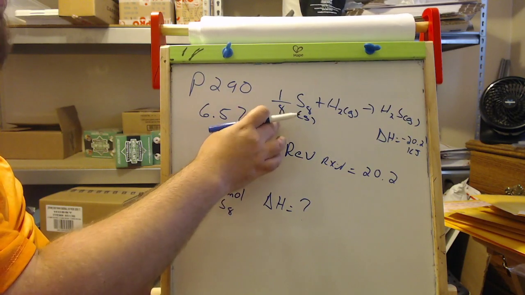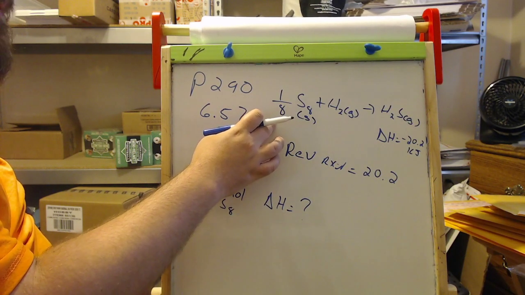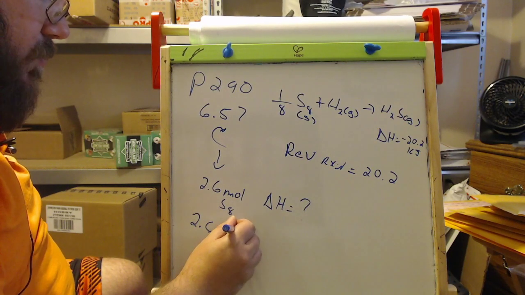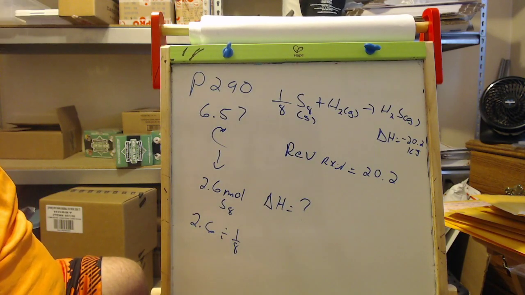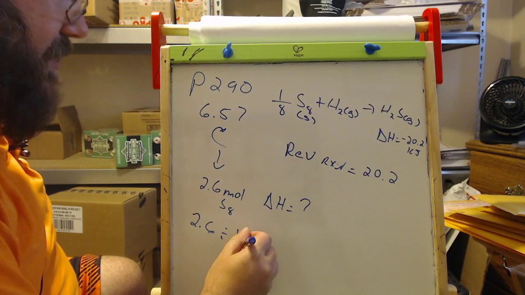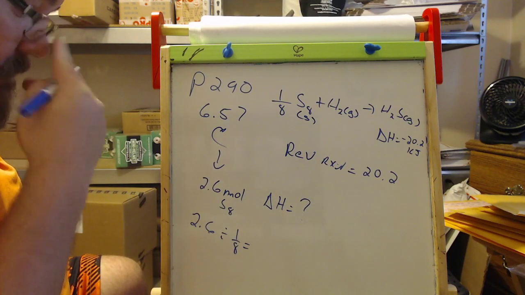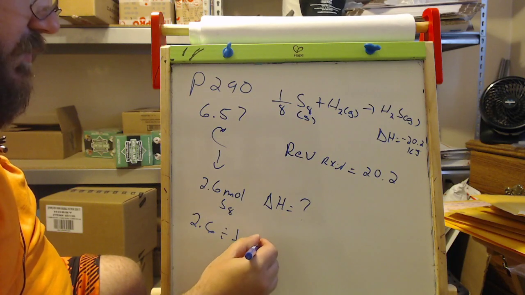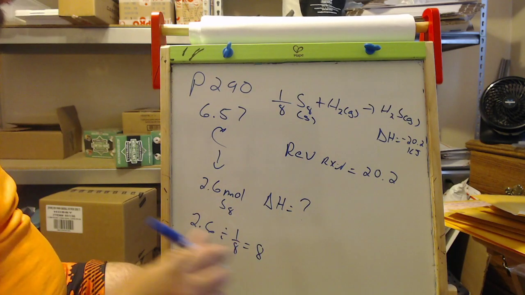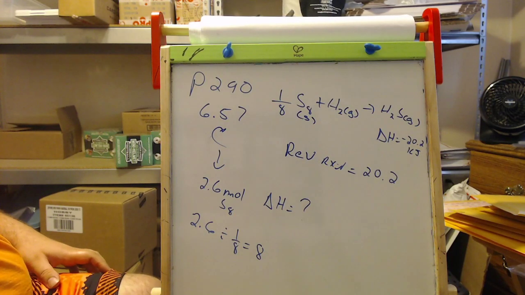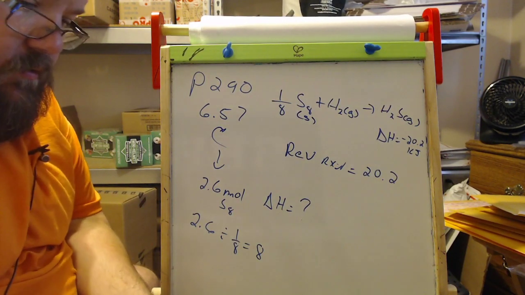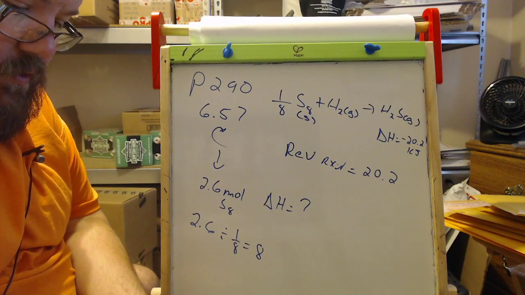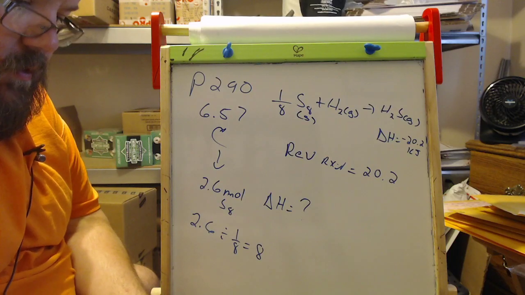If I do the math, 1/8 as a decimal is 0.125. So 2.6 divided by 1/8 ends up being... I'll double check my math here. 2.6 divided by 0.125. Oh, it should be 20.8.